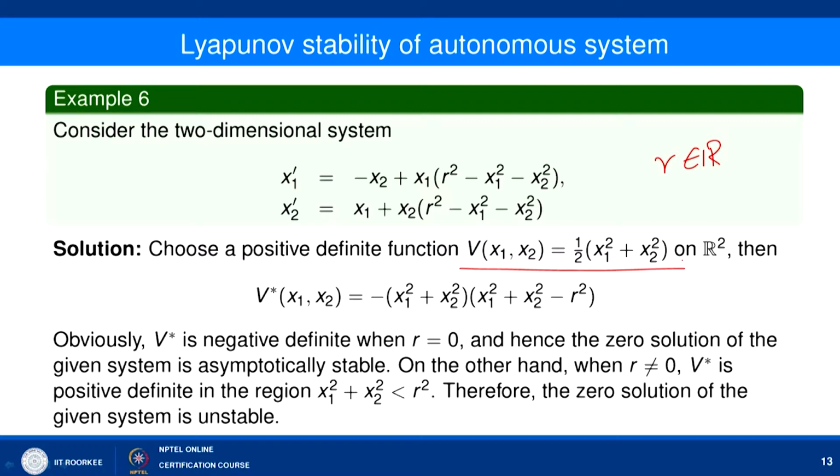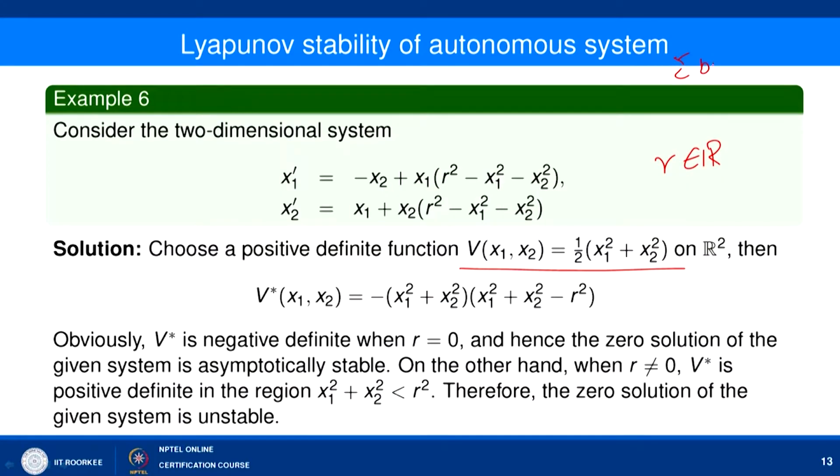Most of the cases we define the Lyapunov function V x1 x2 as a quadratic form, and we have discussed the quadratic form is summation b ij xi xj, i, j equal to 1 to n, and this is a symmetric form. So, in this case when n equal to 2, we simply define V x1 x2 as 1 by 2 x1 square plus x2 square on r square.